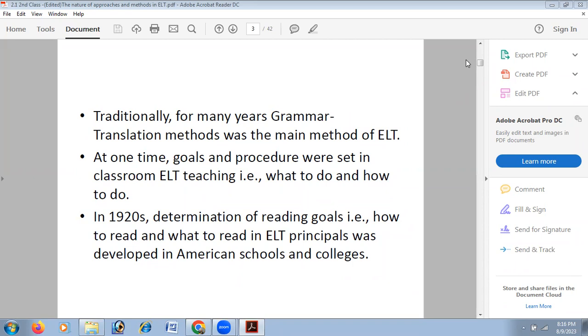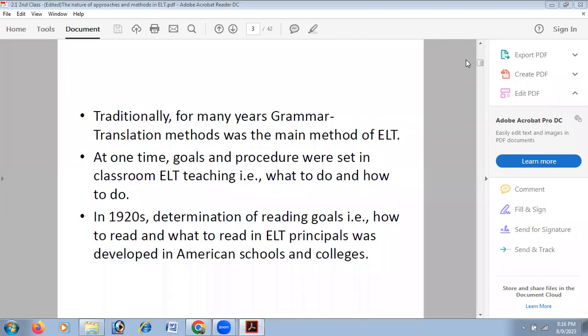And towards the beginning of 1990, we started following another approach or method. So why such kind of initiatives were taken in case of English language teaching, that we will try to explain.